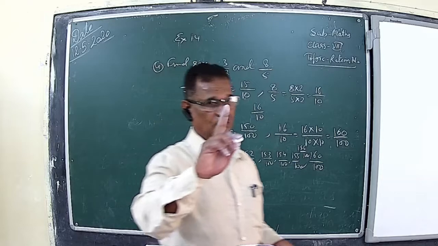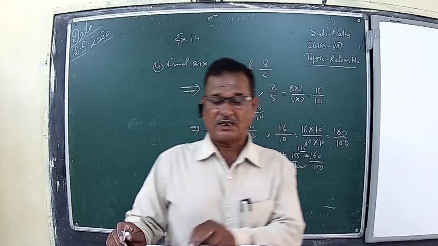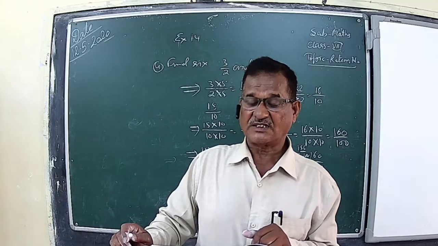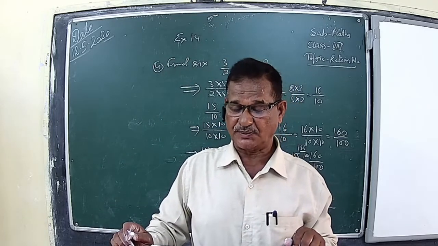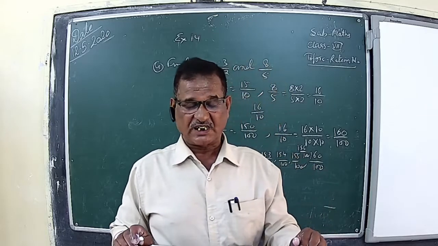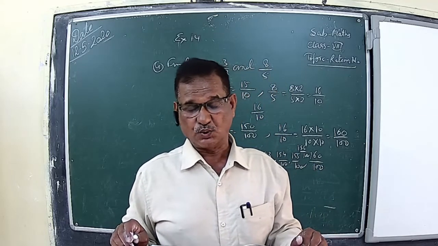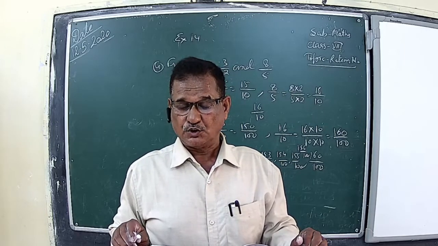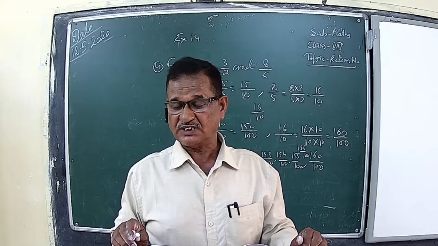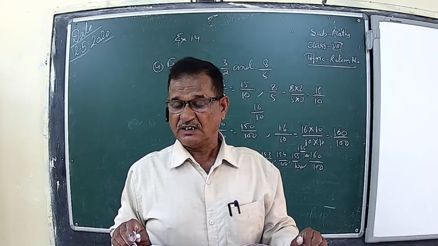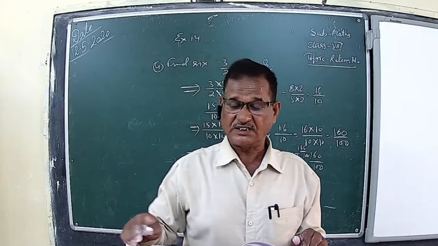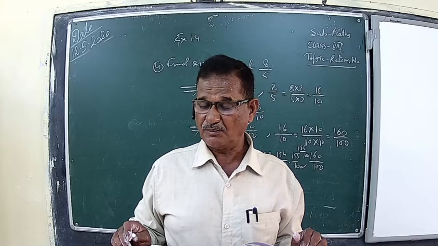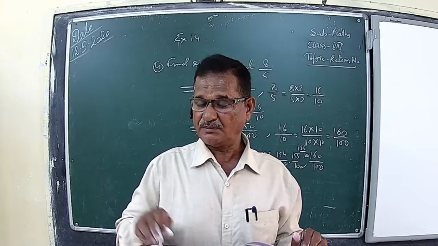Now I am going to tell one question from exercise 1.5. It is given that in a school 7 by 20 of the students ride a bus to school, 3 upon 8 of the students are dropped by car, 3 upon 20 of the students walk to school, and 3 upon 8 of the students come by bicycle.